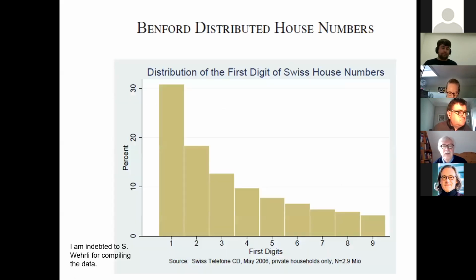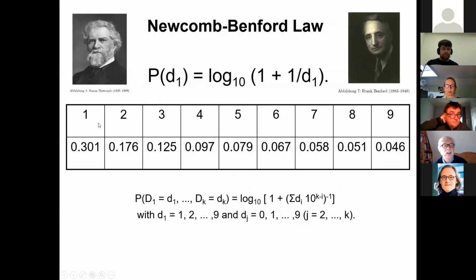So here I have the first digits of house numbers we collected from the Swiss telephone directory. And what you can see is that the digit 1 is much more overrepresented than digit 9, and it quite exactly fits the Benford distribution. This is a Benford distribution. It's a simple log distribution, and it's 30% for digit 1, 4.6% for 9.